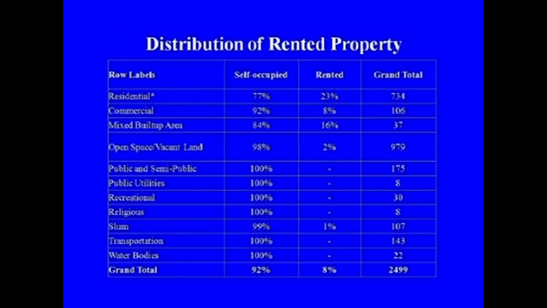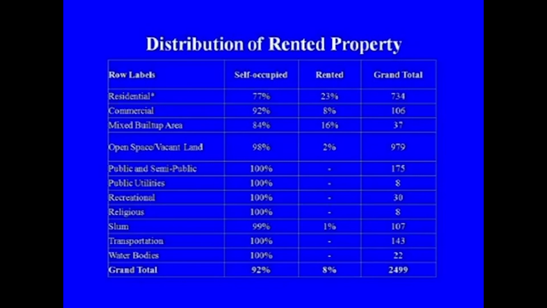Another information which is very important is the rented property in a particular ward, and it is found that about 8% of the property is rented, and this could mean that this is a revenue earning on the part of the owner, and for that particular area the owner should be charged a higher property tax, which again would mean that there would be an enhancement in the revenue generation.